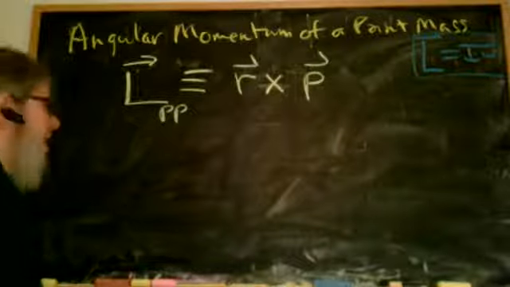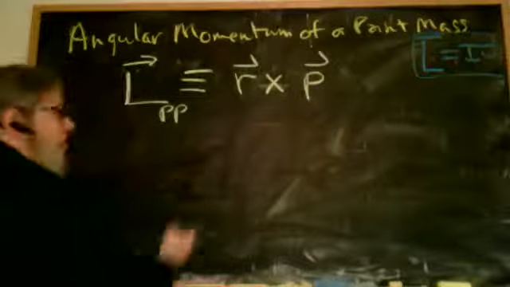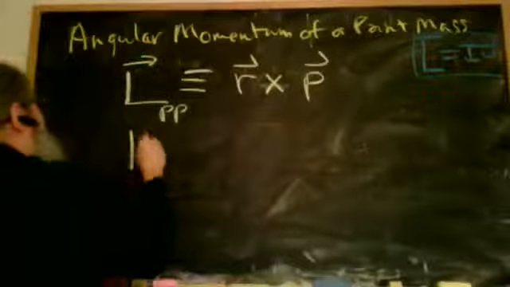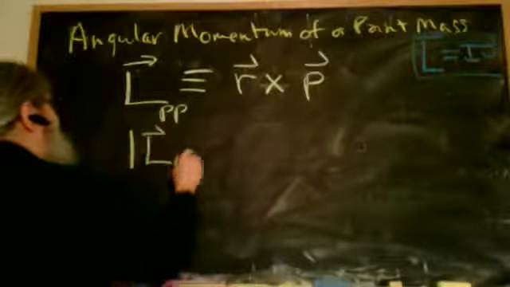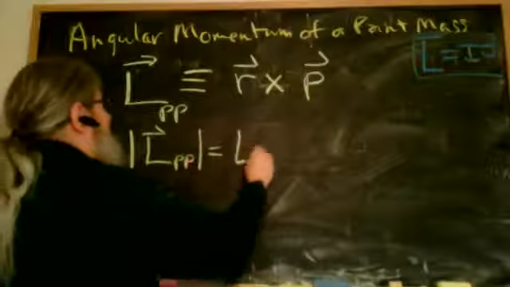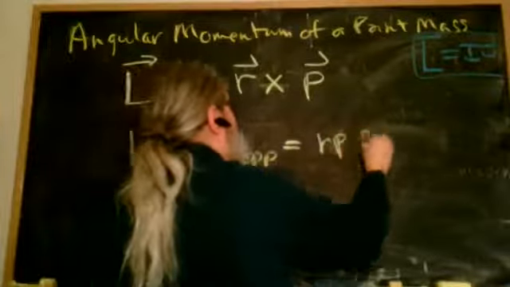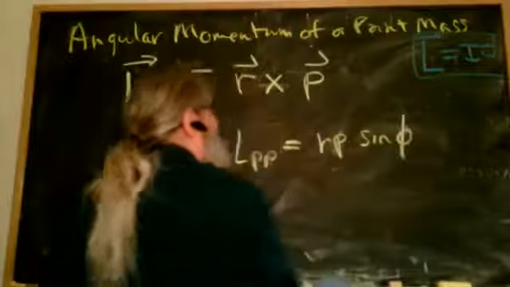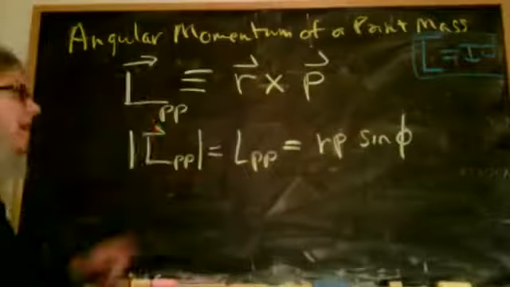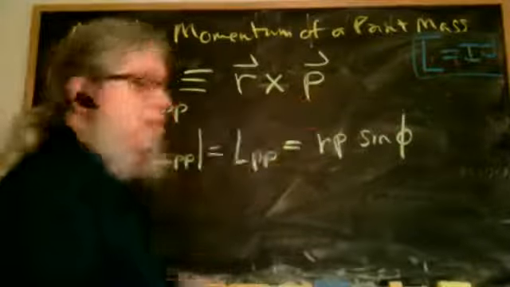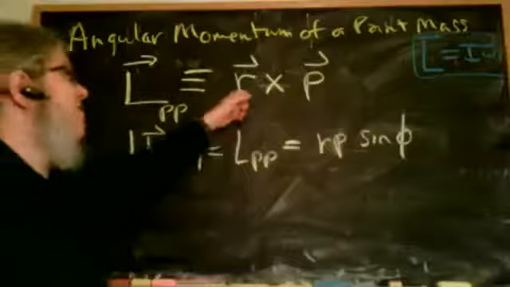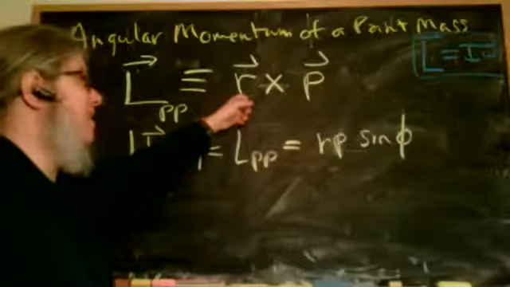So let's actually work out what that is. Don't forget that the magnitude of the angular momentum associated with the point particle, which we just call L_PP, is equal to r times p times sine of phi, where phi is the angle between the radial vector and the p vector. Now remember, this is for a point mass, so it's not a radius necessarily.